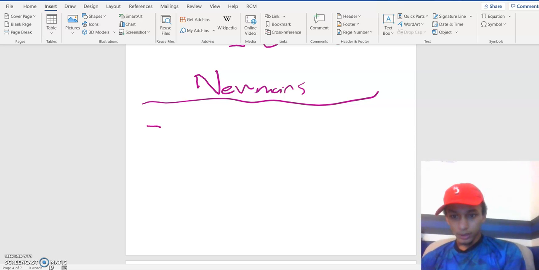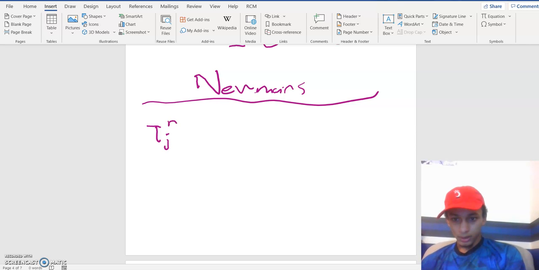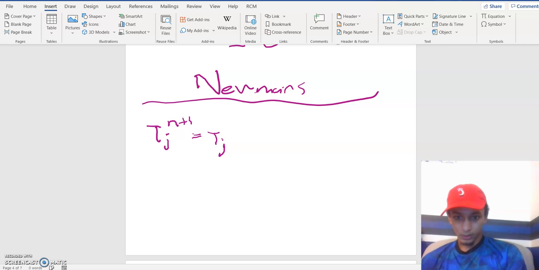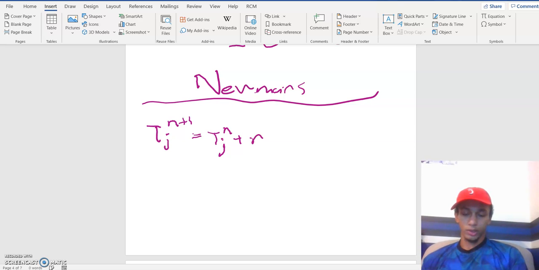So at some position j at a later time is equal to at some position j, same node, at an earlier time plus r, in which r is alpha, change in time over change in position squared.